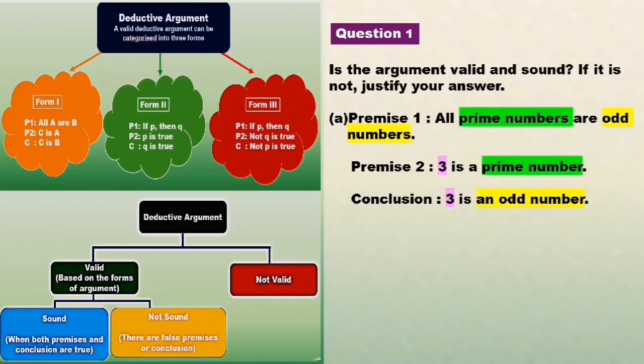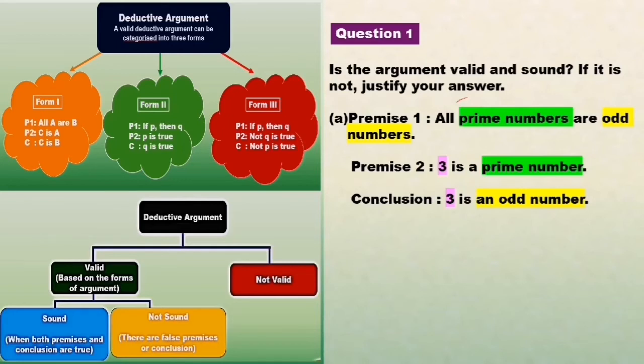Now we try to answer question number 1. Is the argument valid and sound? If it is not, justify your answer. Premise 1, all prime numbers are odd numbers. Premise 2, 3 is a prime number. Conclusion, 3 is an odd number.